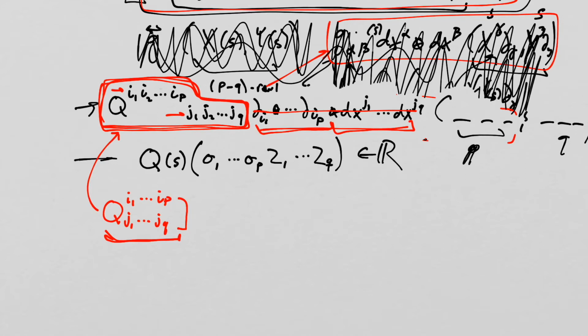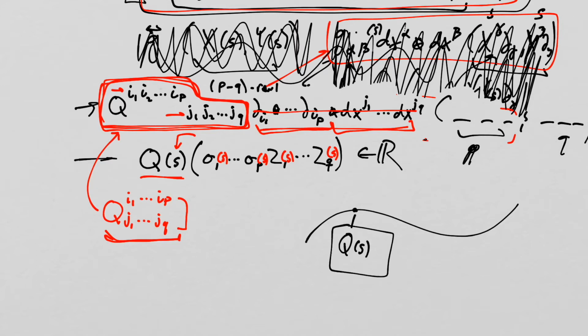Before I begin that, I have to make it clear that these are all at S. This is a tensor field, and it's at S. And remember, we're still dealing with a curve, so when I say it's a tensor field, it's got to be defined at least along this curve. So that's Q of S, and it lives inside a tensor product space.